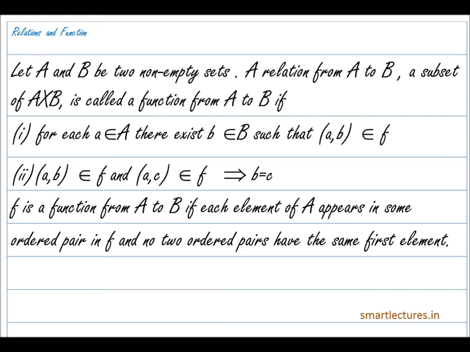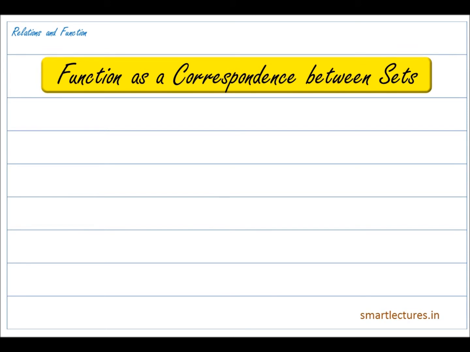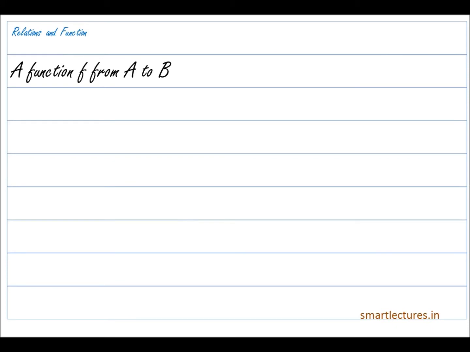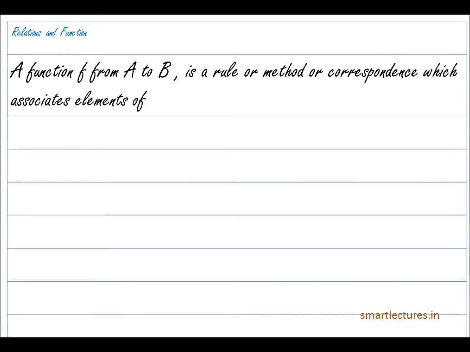We can also define a function as a correspondence between two sets. A function f from set A to set B is a rule or method or correspondence which associates elements of set A to elements of set B in such a way that it satisfies two conditions.